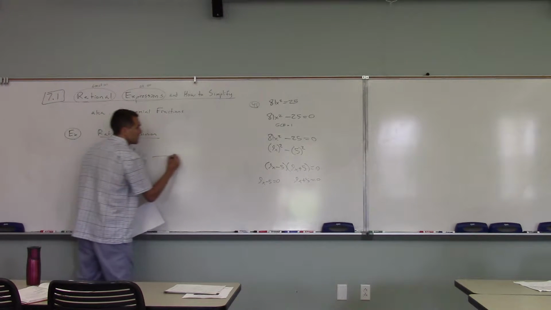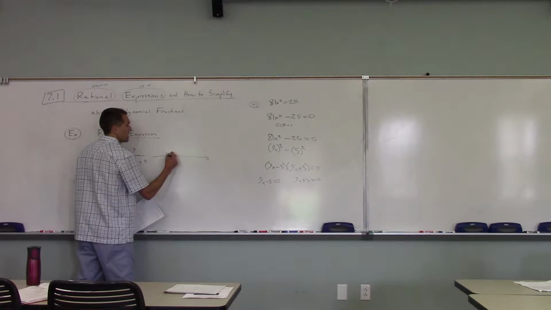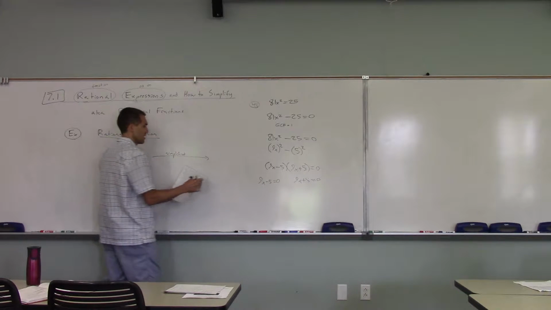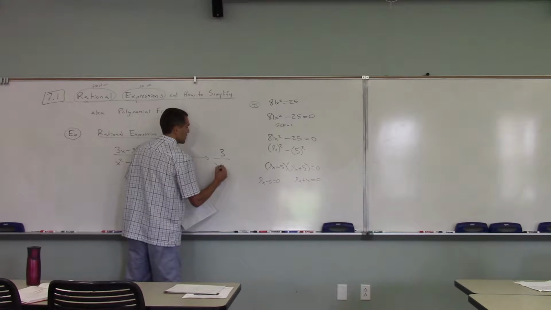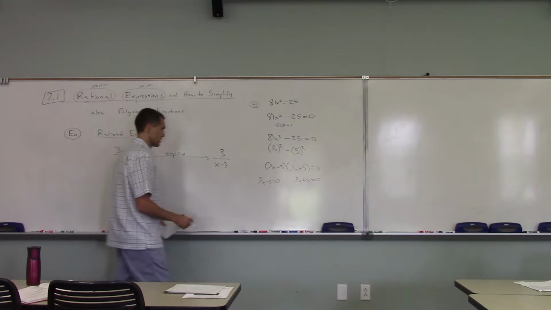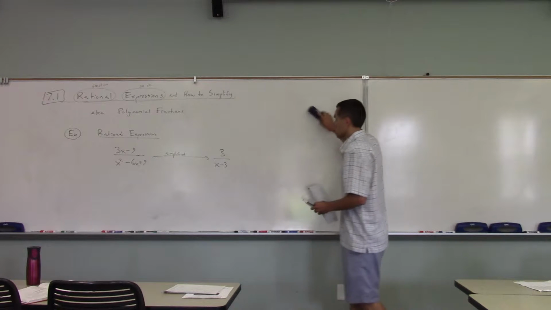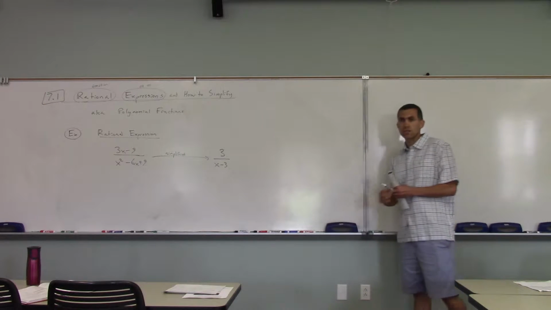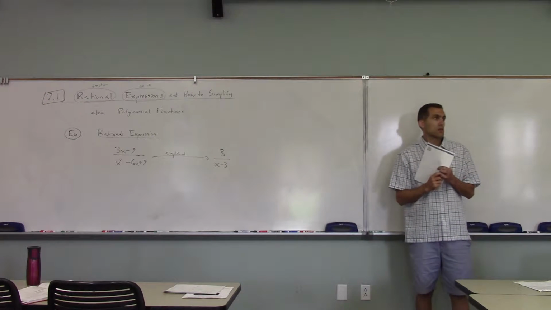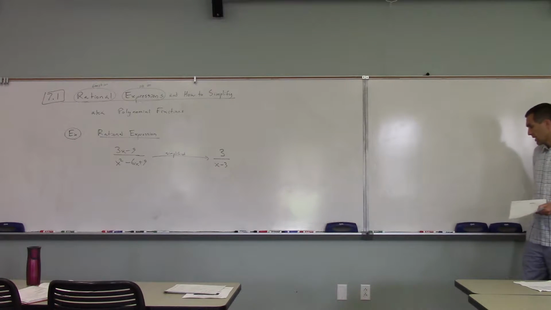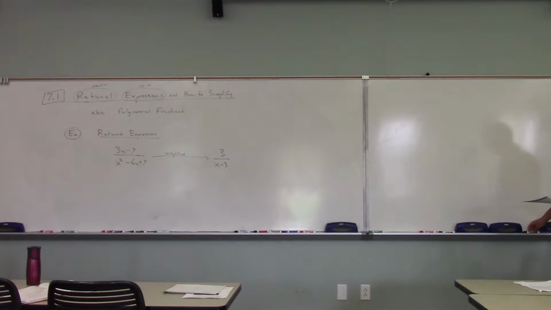And after we simplify it, we'll talk about how in a minute, the simplified version of this is 3 over x minus 3. That's what we're going to be working on today. It's just a fraction that's got a polynomial on top, a polynomial on bottom, and how can we simplify it?